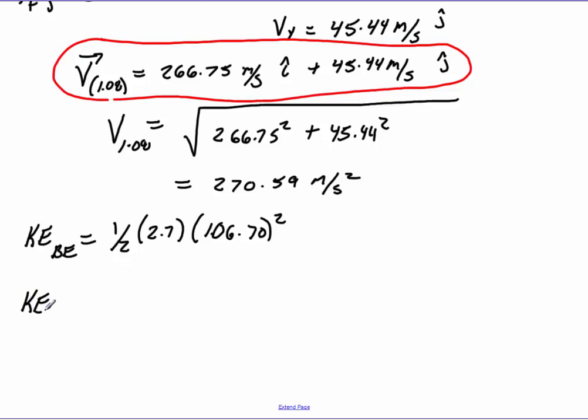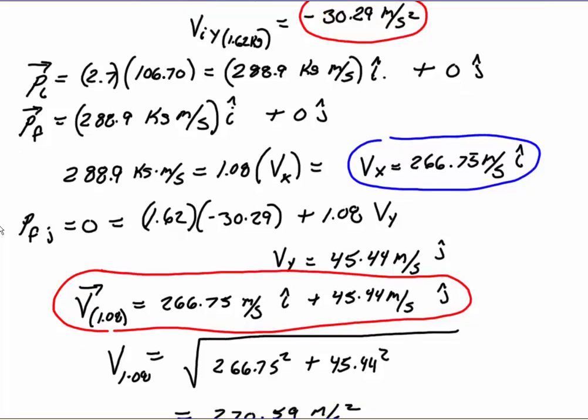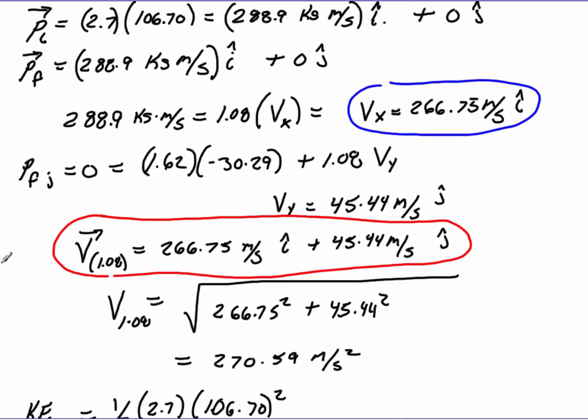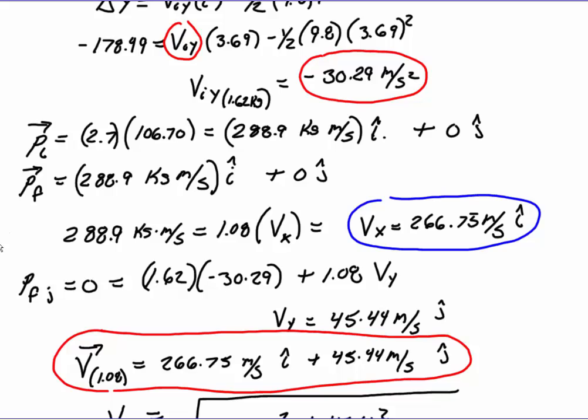Kinetic energy after the explosion is going to be 1/2. I'll do this one first. That particle is 1.08 times 270.59 squared plus 1/2. And the other particle was 1.62 times this velocity, and we said that was 30.29.